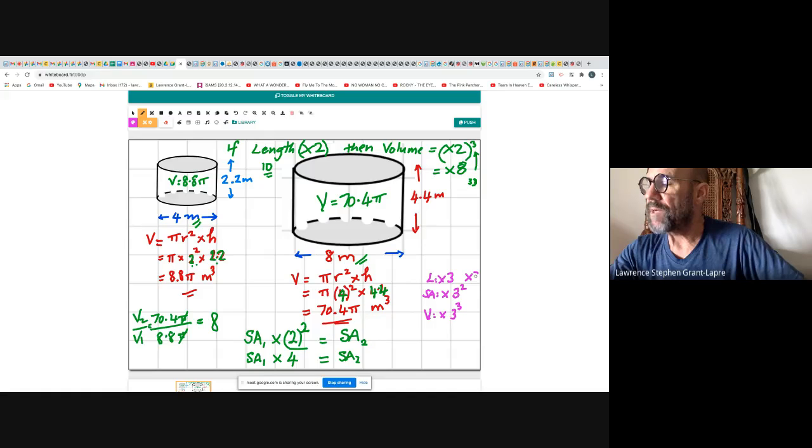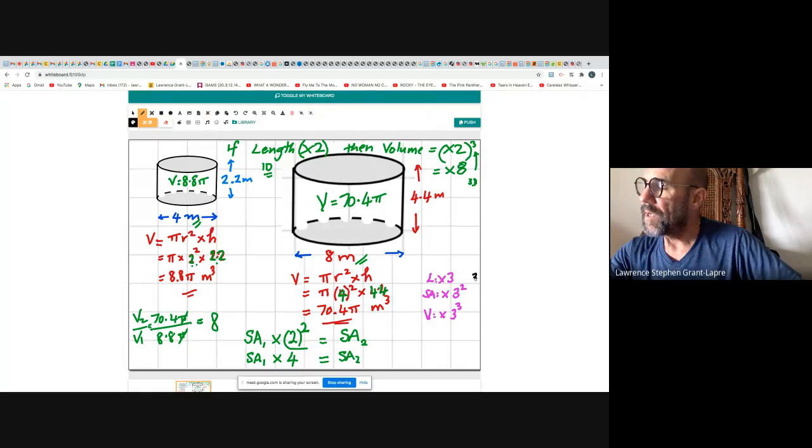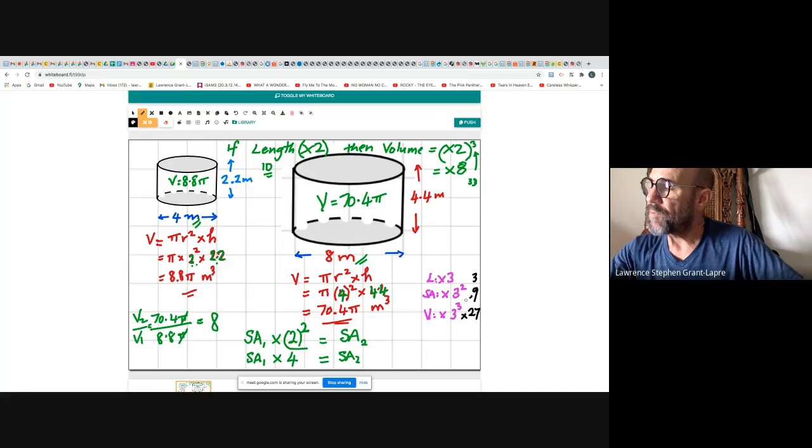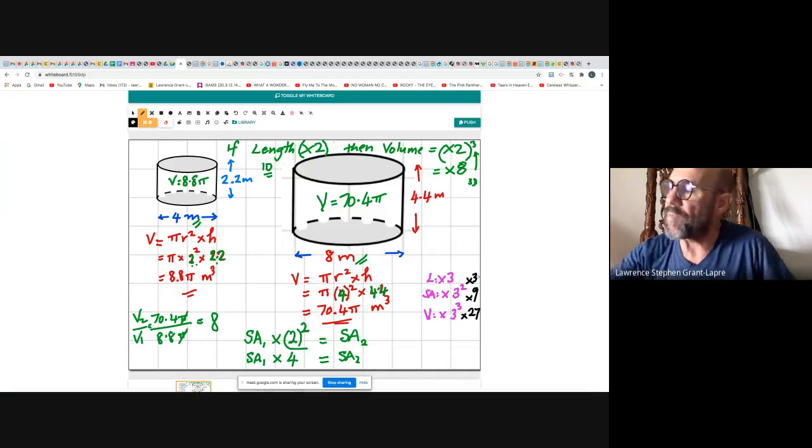So your length is 3 times bigger, that's 3, that's 9, that's 27 times bigger. So if the length triples, the surface area will be 9 times bigger. The volume will be 27 times bigger. So please remember that concept when you are dealing with length, area, and volume.